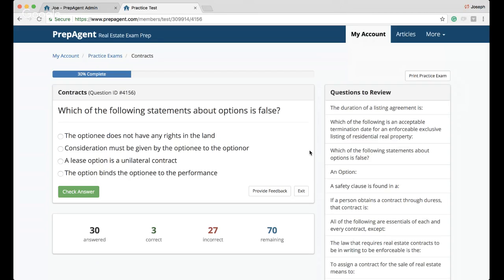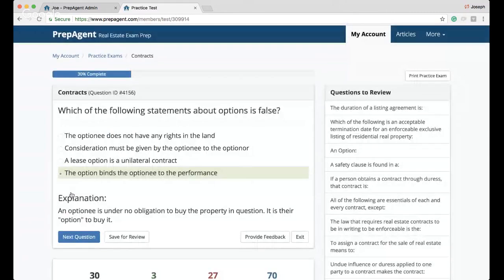See what you guys think here. Okay, the answer is the option binds the optionee to performance.